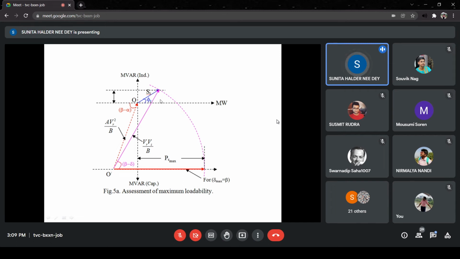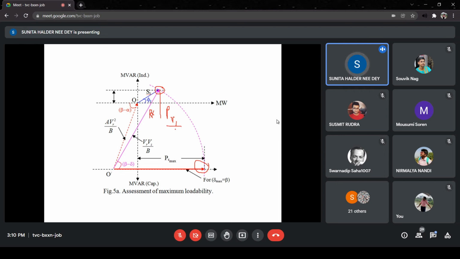Now if we want to maximize the loadability, meaning the loading capacity of the transmission line, then the maximum loadability is PR max. It is at this position, and it may go up to this. So if it is PR max and it is PR1, then PR max minus PR1 will be the loadability.